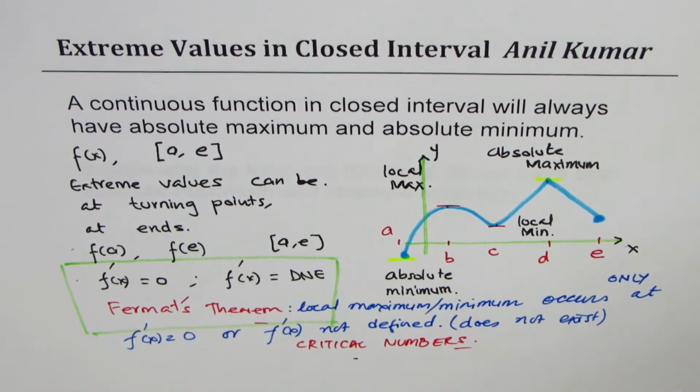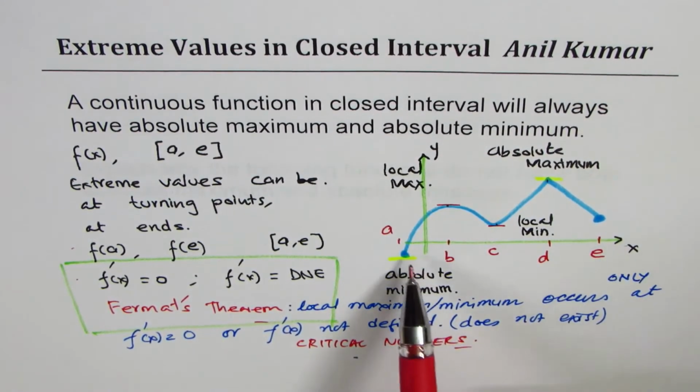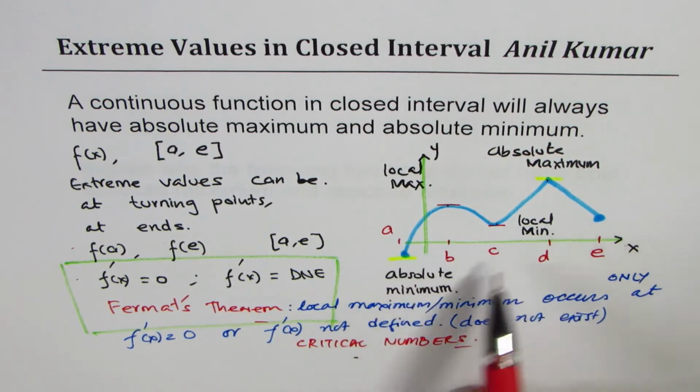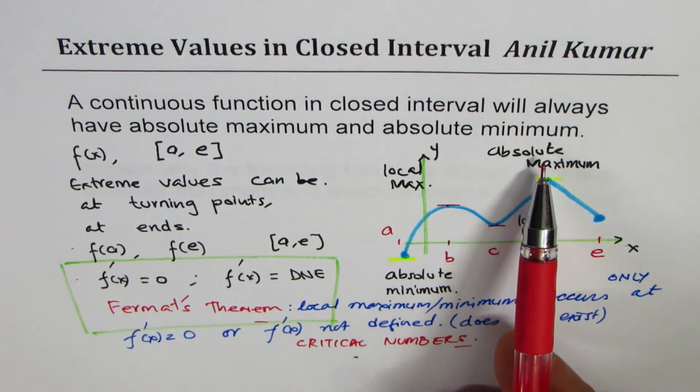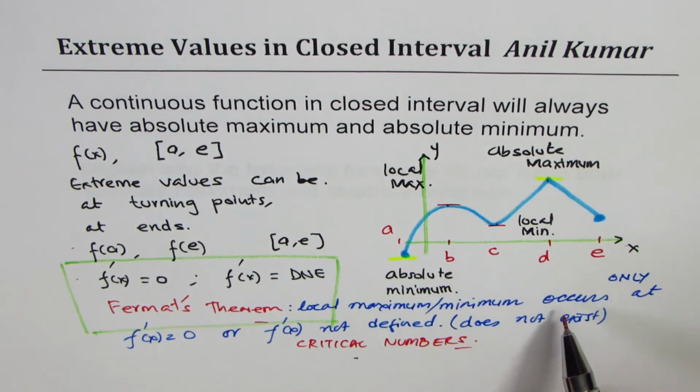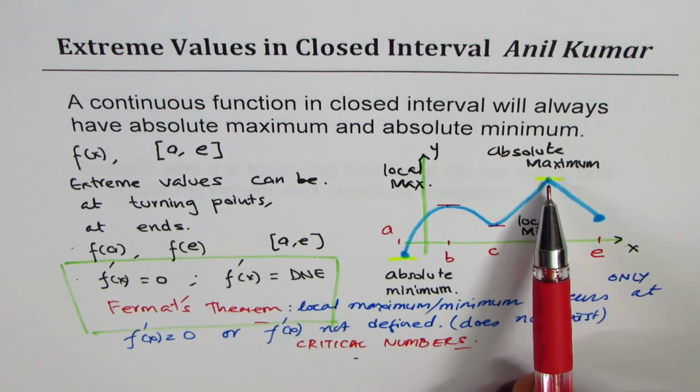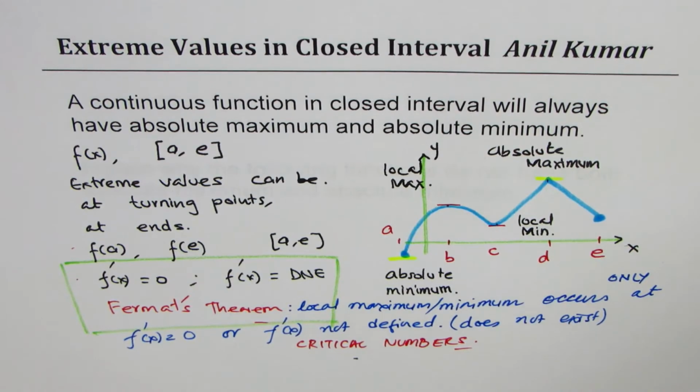Secondly, if we have a closed interval, then we definitely have absolute minimum or maximum. Local minimum maximum can become absolute minimum maximum also, as you can see here, correct? So these are two things which we have learned, and now let's move on and answer a few questions, correct?